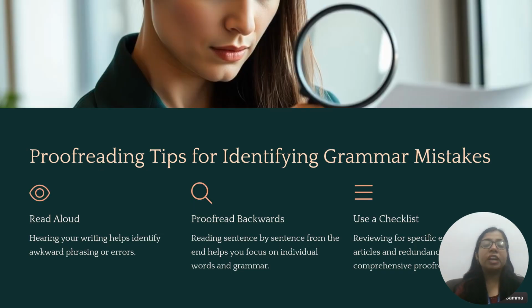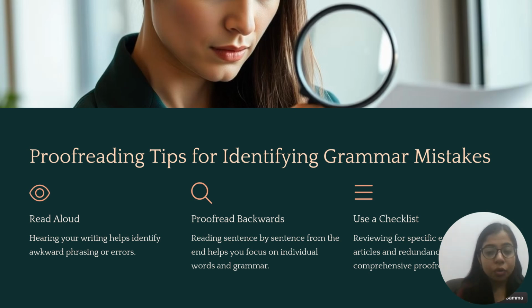Next is proofreading tips for identifying grammar mistakes. So here are some proofreading tips. First is read aloud. Always when you're proofreading, read aloud, because when you read aloud, you will hear the mistakes. And when you hear the mistakes, you will know to correct them, and you will remember also to correct them. Next is proofread backwards.